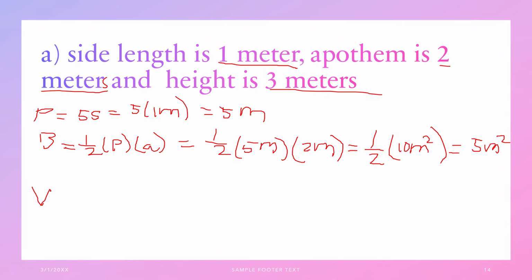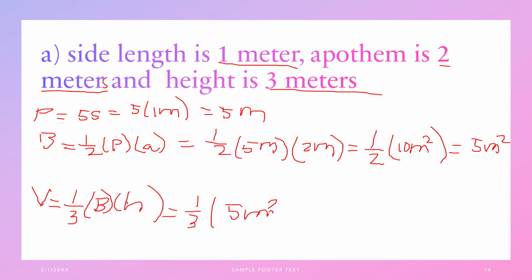Now you're ready to solve for the volume. From the original formula, which is 1/3 times the base, the big B, times the height, the H. So we have 1/3 times 5 square meters times 3.